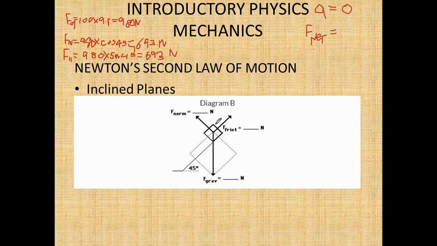So the net force will be the force pulling it down minus the force pulling it upwards. So the net force would be the parallel component of force minus the frictional force, right?